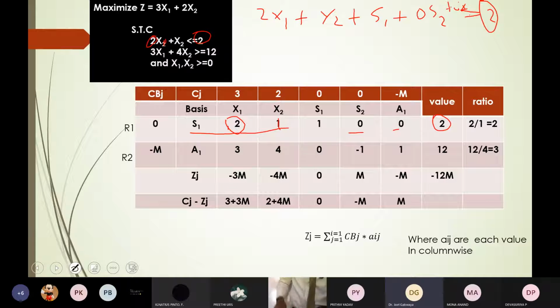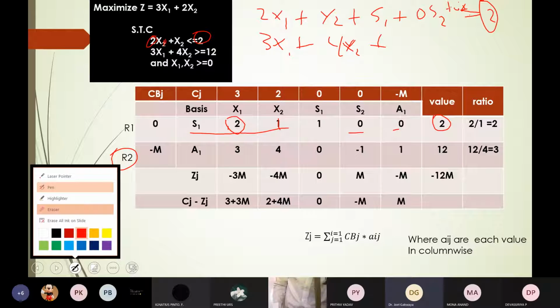Clear? Now we come to the second row. 3x1 plus 4x2, plus?